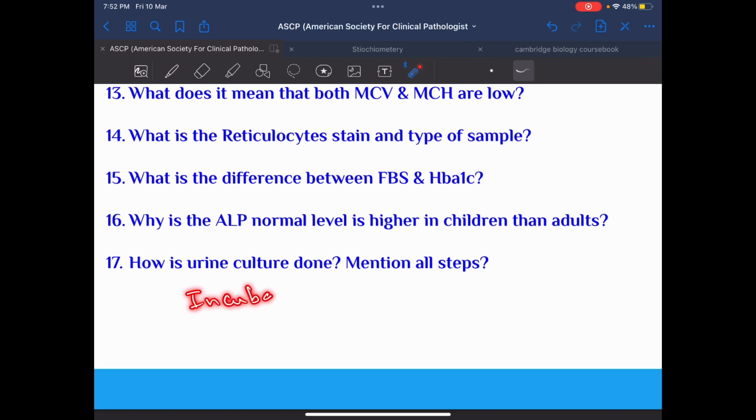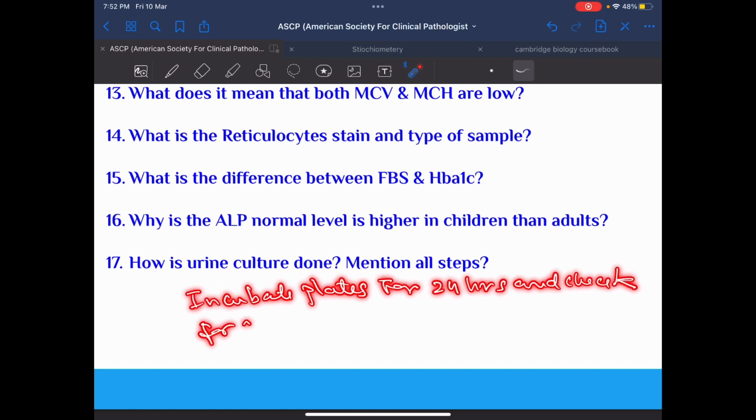Incubate plates for 24 hours and check for growth.